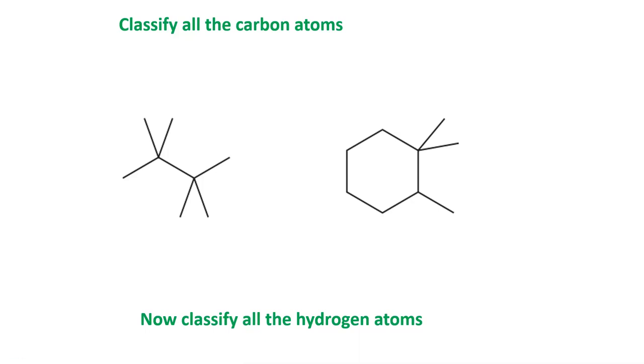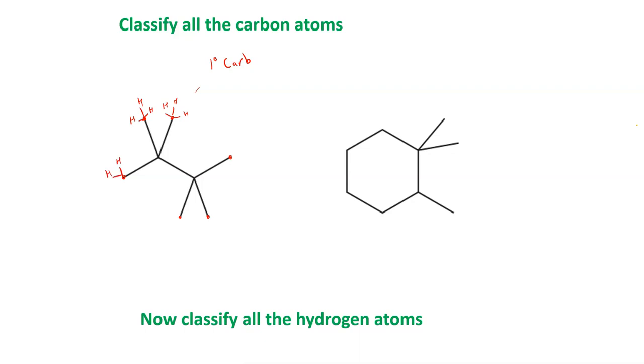Okay, for this problem, what I do is I first identify all of my primary carbons. Those are the carbons on the outside that are only attached to one other carbon. In red here, I've identified all the primary carbons, and we know that those primary carbons are going to have primary hydrogens. There'll be 3 of those for each primary carbon.